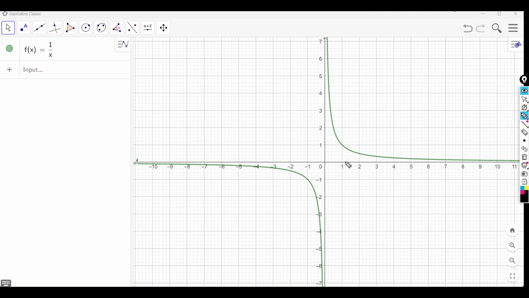As x gets really close to 0, this just shoots up to infinity, and x can never actually be 0, because when x is 0, you get 1 divided by 0, and that's always a problem in math. It's just called not defined. This cannot be done. So you can see this curve: as x gets big, it approaches 0, but never gets there. And when x is positive but getting close to 0, 1 over x goes up to infinity.